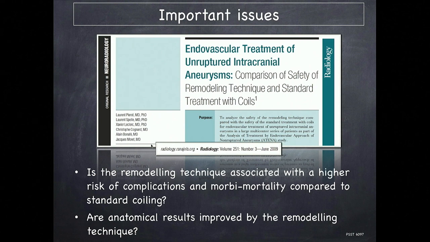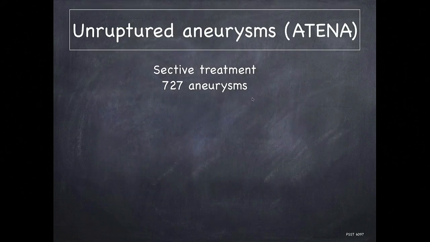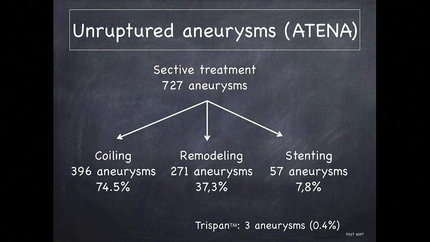It was studying non-ruptured aneurysms, 720 aneurysms, which were treated in many centers in France. And as you can see, you have a population of aneurysms being coiled alone, 70%, and a population being treated using remodeling technique, 37%.